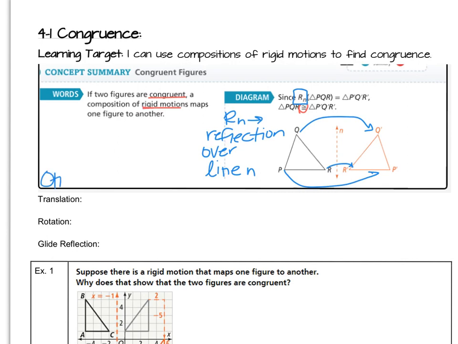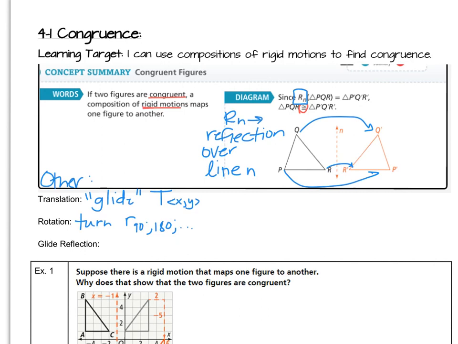Over here on the left, here are the other types that we'll use in this lesson. A translation is when we just did a glide on our graph paper. The notation was a capital T, and then we had a change for x and a change for y. So we either added left or right, and we added up or down. The shape stayed the same. A rotation, or a turn, for the shape was a lowercase r, and we would say an angle measure, like 90 degrees or 180 degrees, and so on.